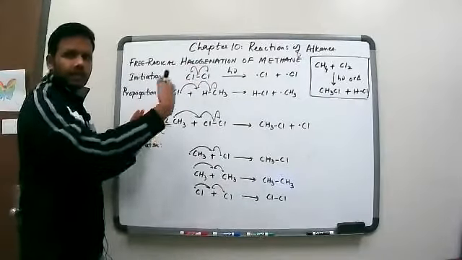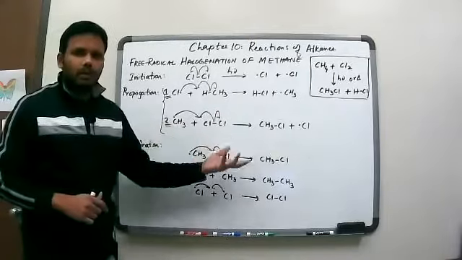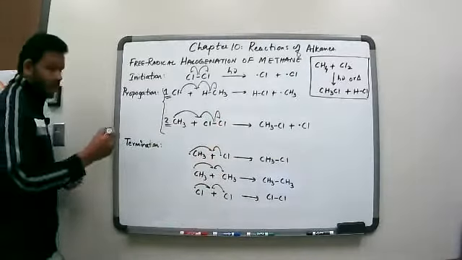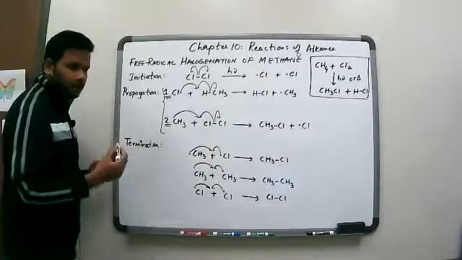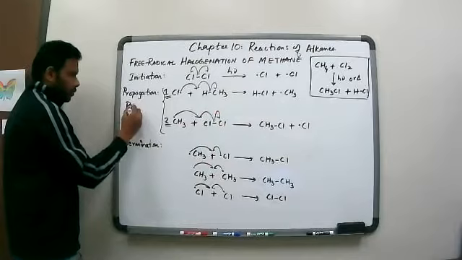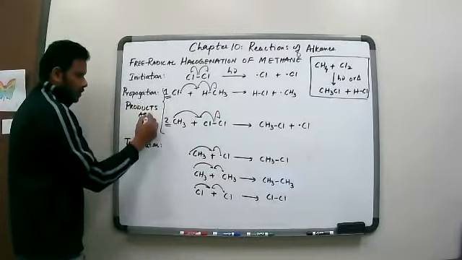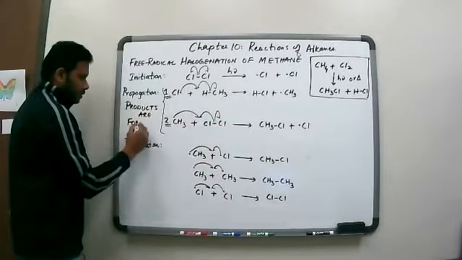So we basically regenerate our reactive intermediate. That's also another propagation step. And from our discussion in the previous video, remember that this is the step where products are formed.